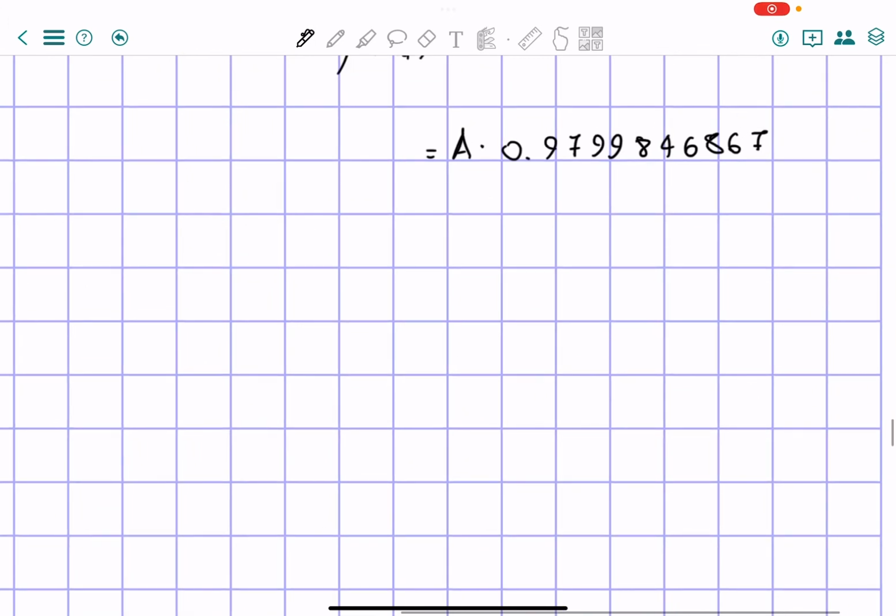So this value here will be about, let's say, just 0.98.